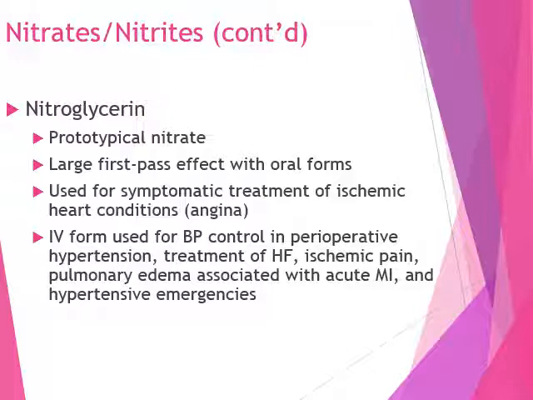Large first pass effect with oral forms. It's used for symptomatic treatment of ischemic heart conditions, such as angina. The IV form is used for BP control and perioperative hypertension, treatment of heart failure, ischemic pain, pulmonary edema associated with acute MI, and hypertensive emergencies.